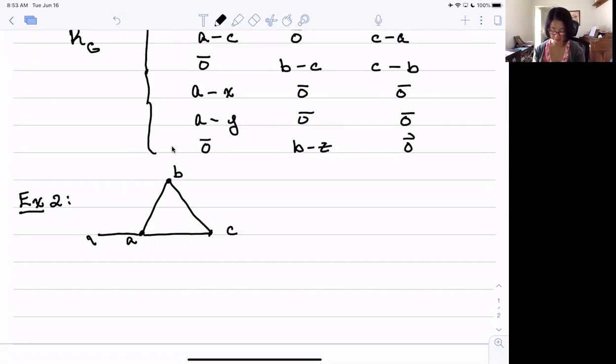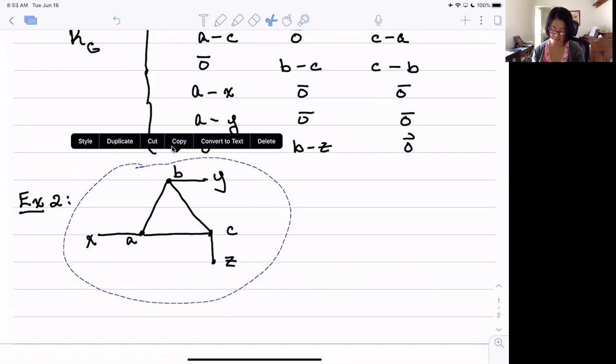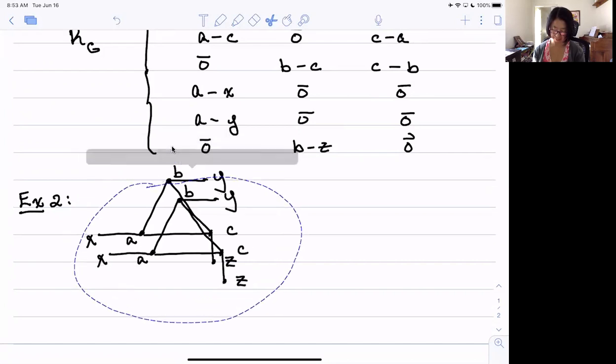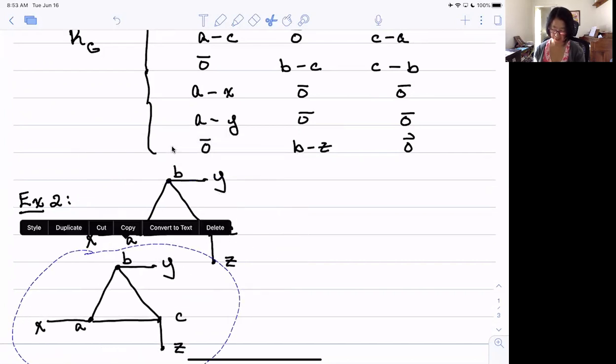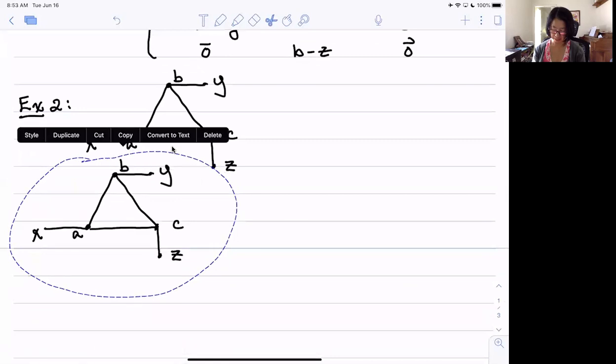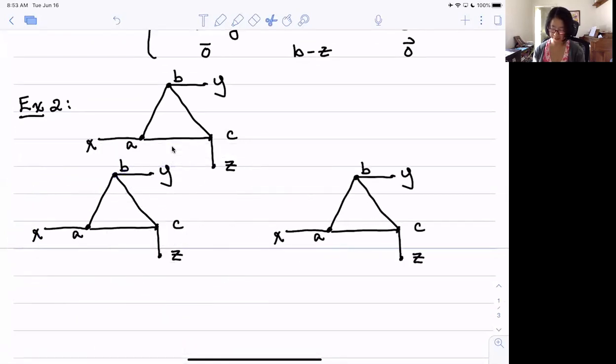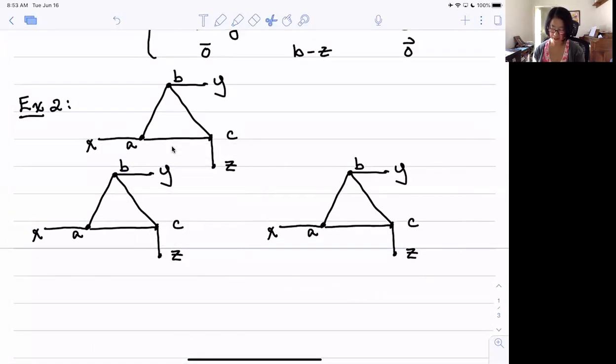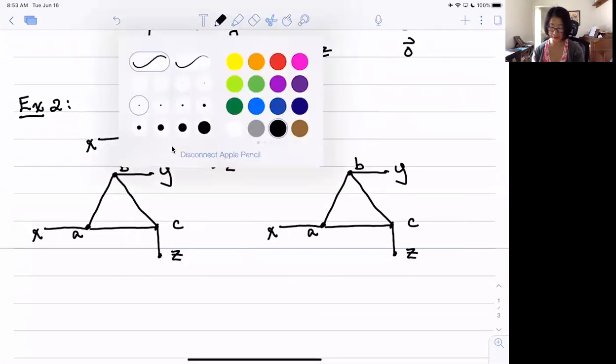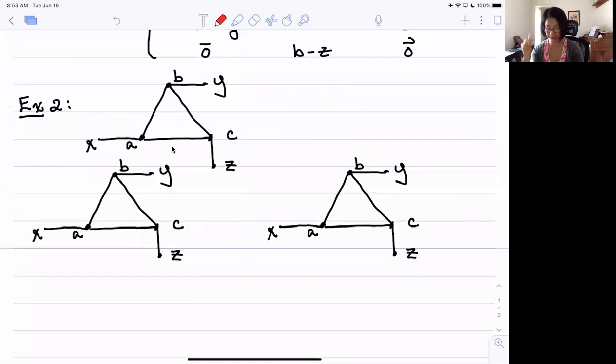So I have maybe X, Y, and Z. And now I'm going to copy this, and we're going to see how many ways there are of orienting this one. I already know only because I've done it before, not because of some kind of weird intuition.